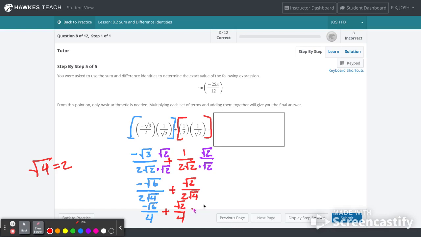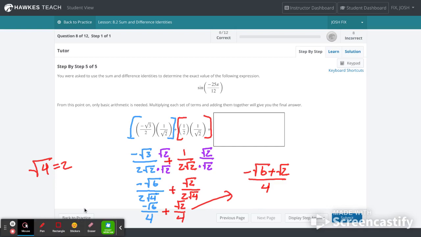So when we simplify this, our final answer would be negative square root of 6 plus the square root of 2 over 4. And nothing simplifies because everything's inside a radical. So we can't take evens out, because these aren't actually a 6. It's a square root of 6. And so there's no common factor between those two.